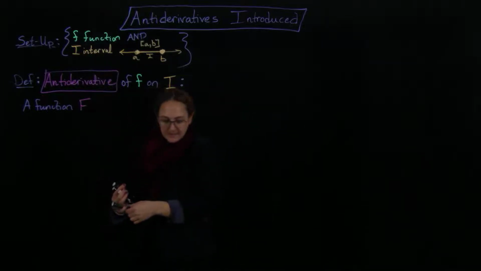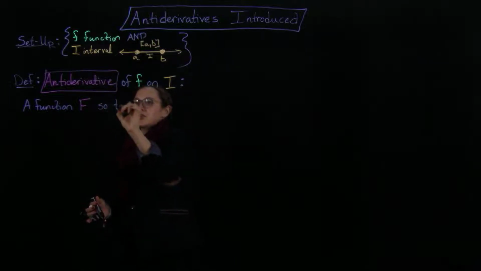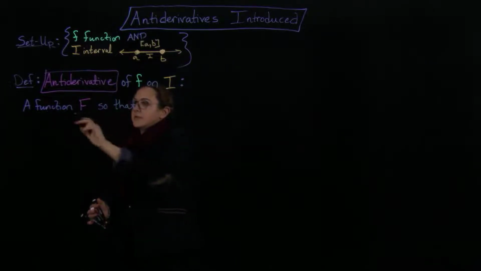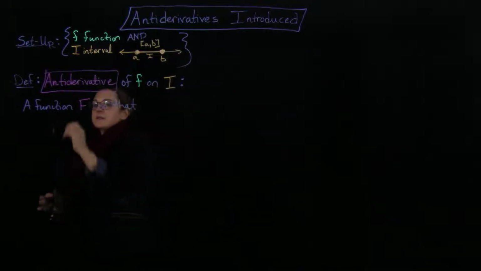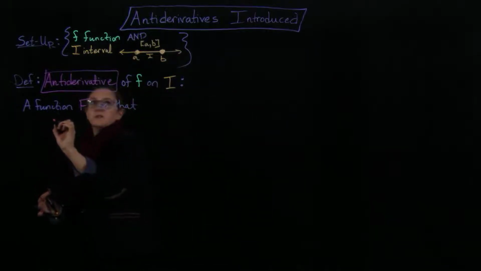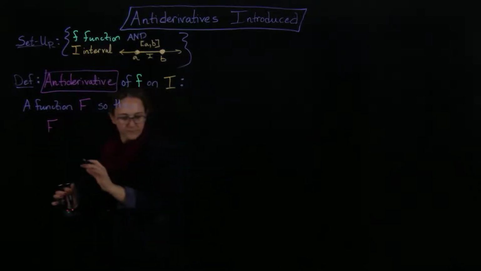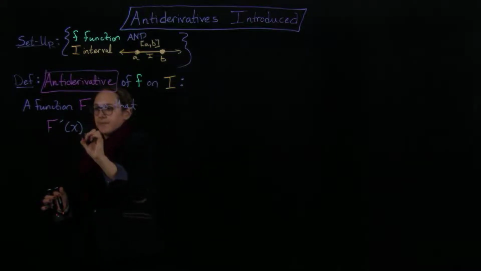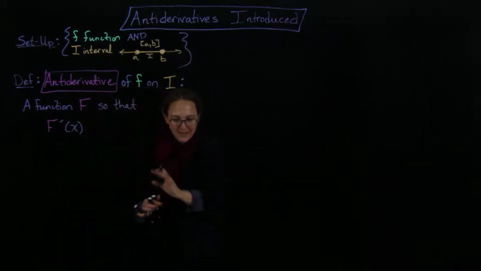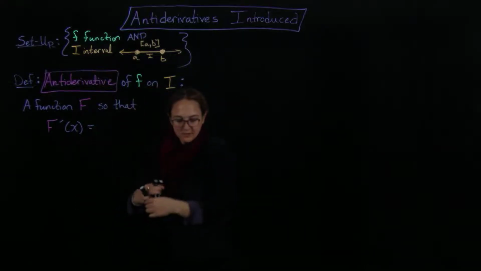So what does this function need to satisfy? It's going to be a function F satisfying that if I took its derivative at some x, then this would give me this function f of x.